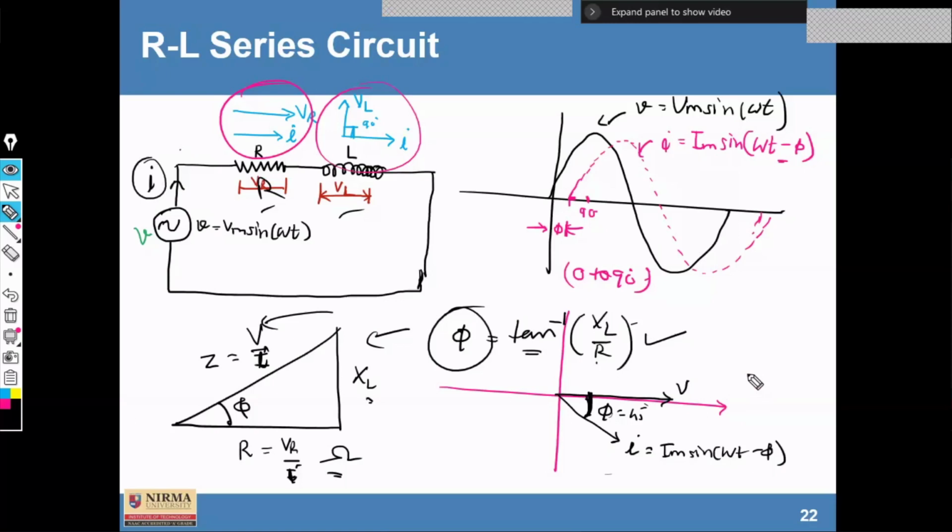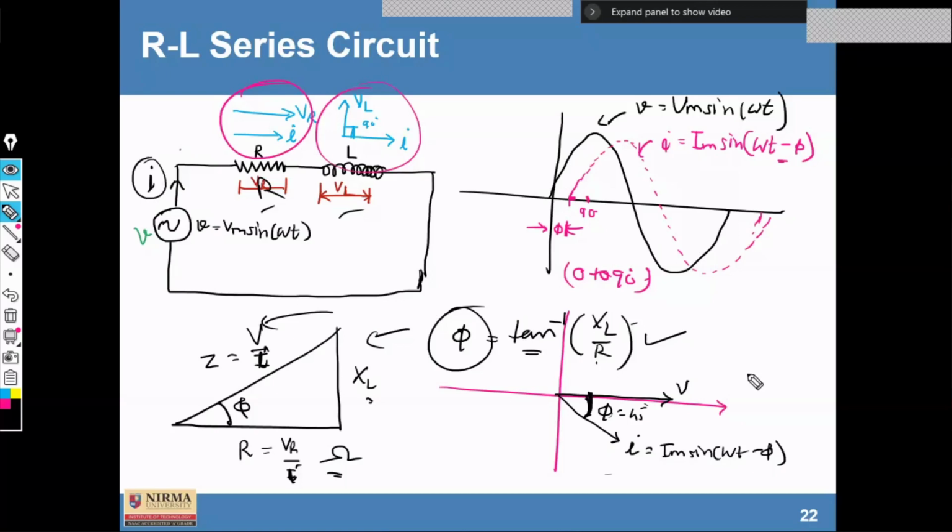If we have XL and R, we can find the total impedance Z of the circuit. And if we find the total impedance, we can find the amount of current flowing through it. Then we can represent it in the form of waveforms and vector diagrams also.